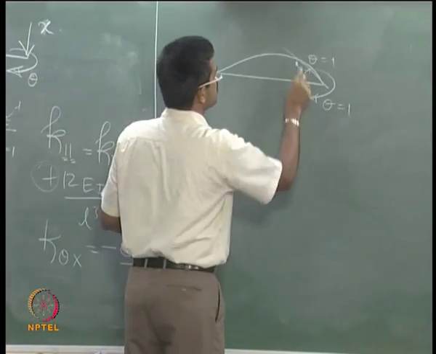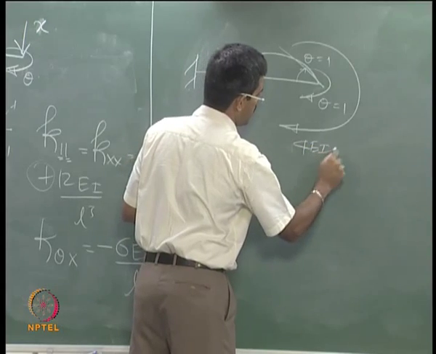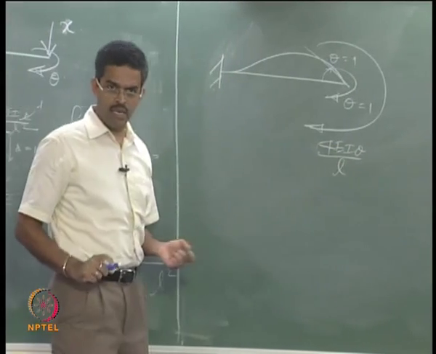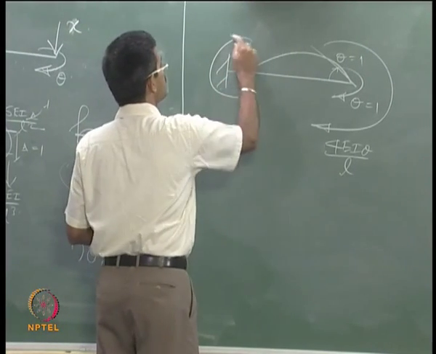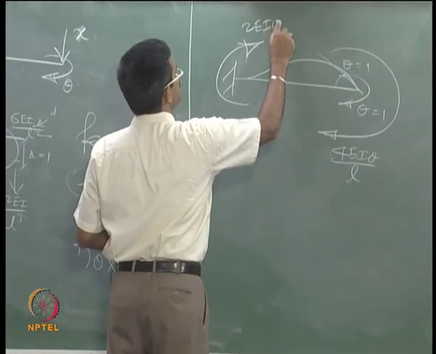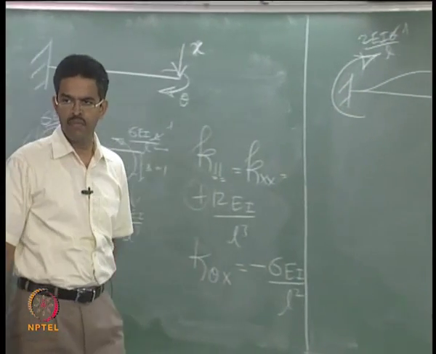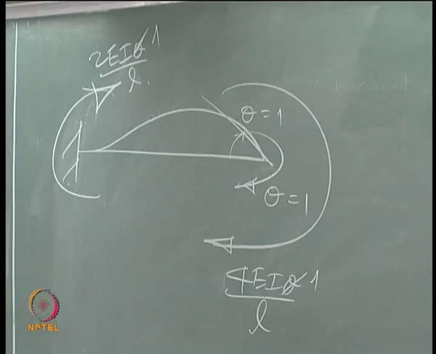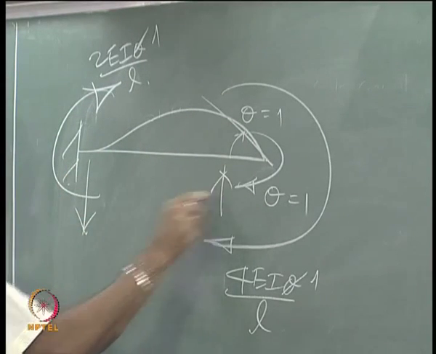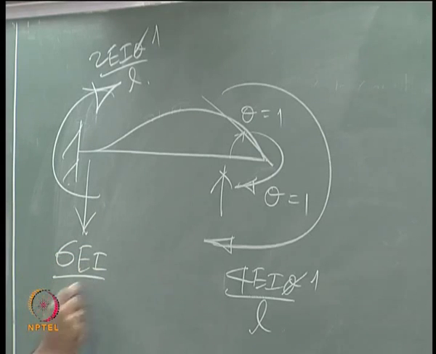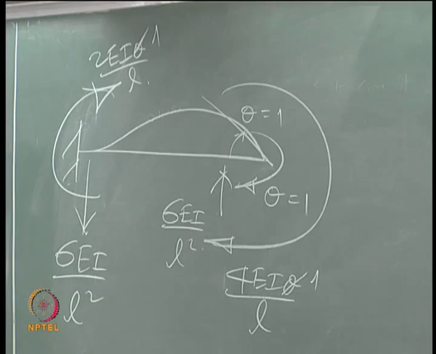To give unit rotation, you will have to apply a moment which will be 4EIθ/L, which will be transferred as 2EIθ/L, theta is unity. Now, there is a moment total of 6EI/L, there is a couple which is 6EI/L² and 6EI/L².